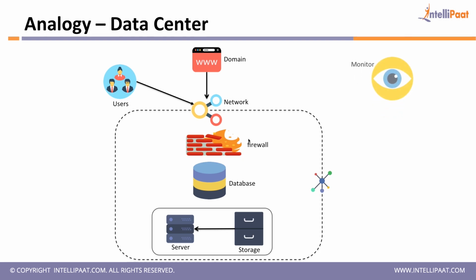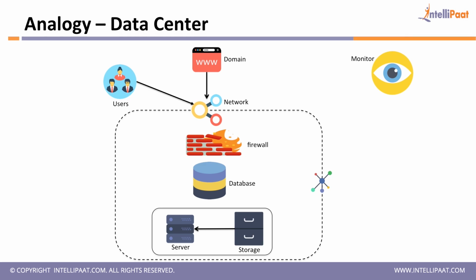And finally, to watch everything, you have Big Boss. You have to monitor each and every component of your data center. If anything goes down, that will impact your end user, and eventually it will impact your business. So you don't want anything to be down. There are some proactive measures and some reactive measures.